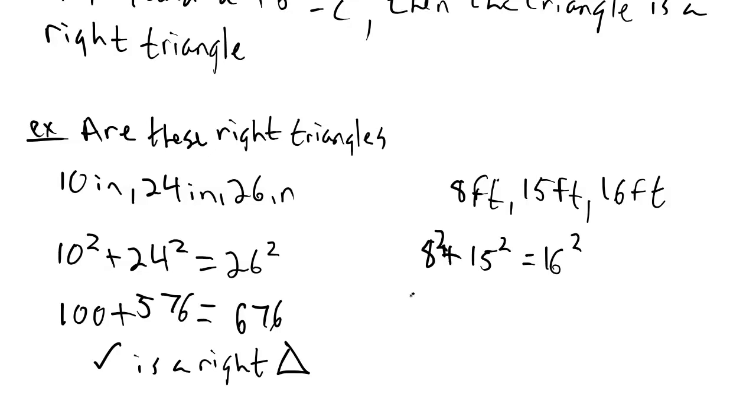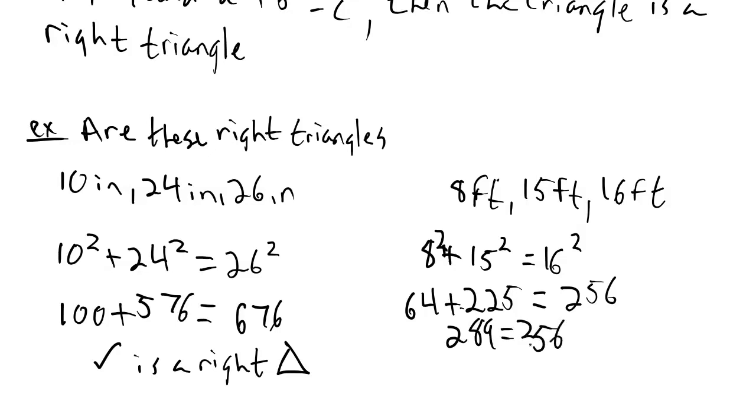Well, 8 squared is going to be 64. 15 squared, if we put that in, is going to be 225. And 16 squared is 256. So 64 plus 225, we get that 289 is equal to 256. That is very much not true. So this could not be a right triangle.